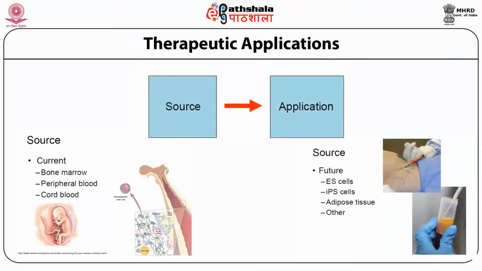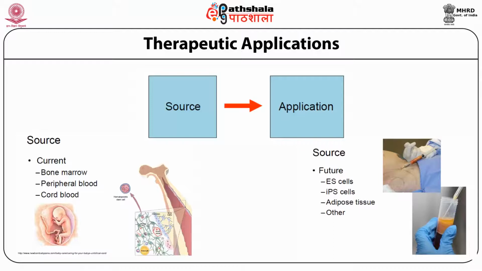So now, after knowing the different types of stem cells, look at the therapeutic application of these stem cells in different kinds of disease. As I already mentioned, it depends on the source of the stem cells from where they are isolated. Their application actually varies.